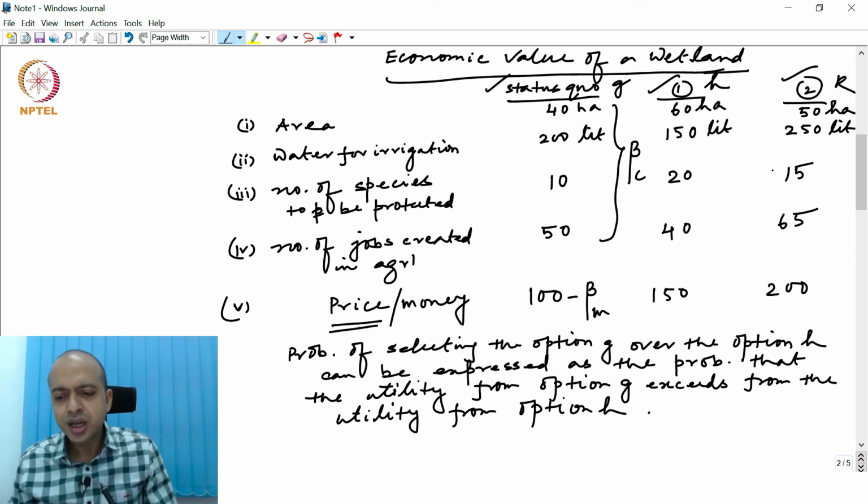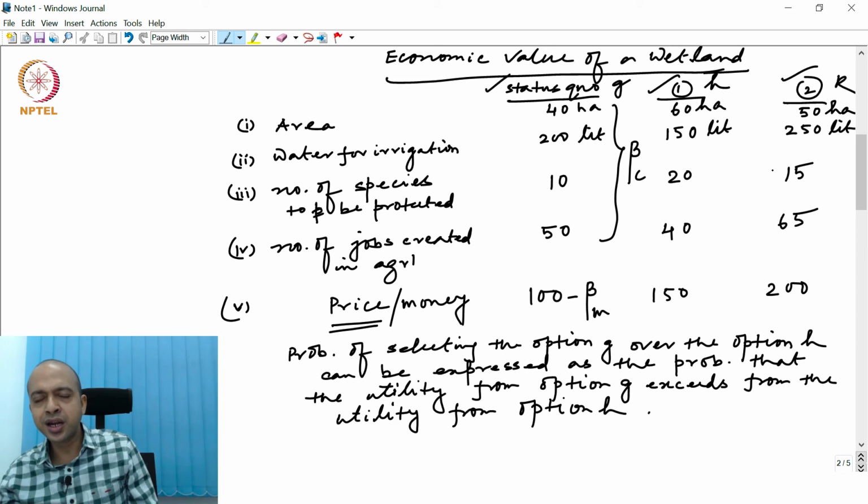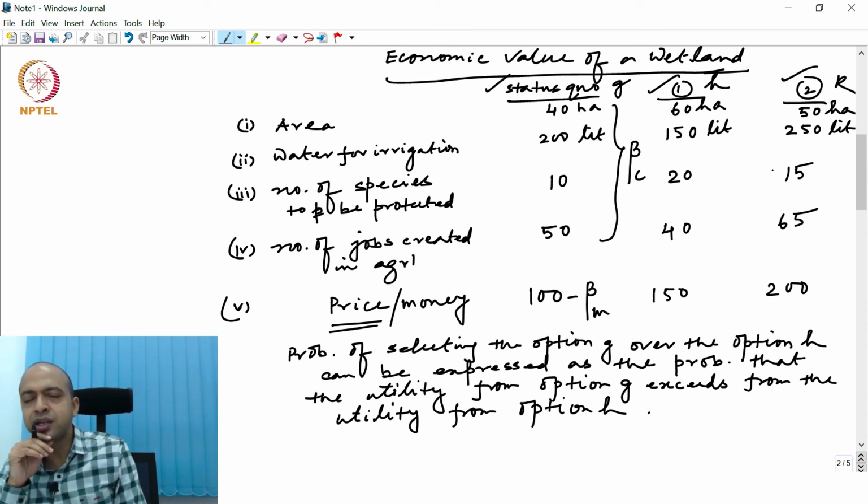So this is the challenge in choice experiment. In the process of overcoming the problems of the contingent valuation method, yes, we understand that the contingent valuation method suffers from hypothetical bias and strategic bias, but it is very simple for the respondents, particularly if you go for the closed-ended referendum.